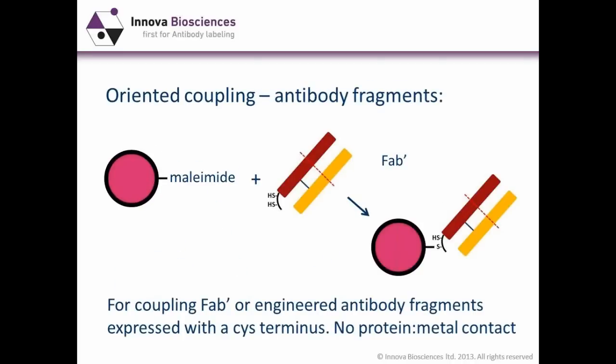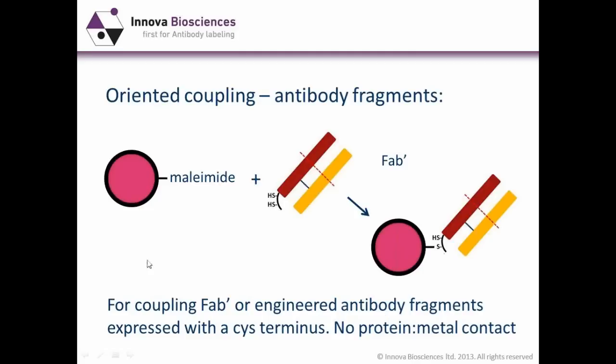We can also do oriented coupling with antibody fragments. Going back to the maleimide derivative now, Fab prime fragments, as you would have after digesting antibodies, would have thiol groups in the hinge region, which can react with the maleimide to orient the fragment with the antigen binding arm facing outwards.